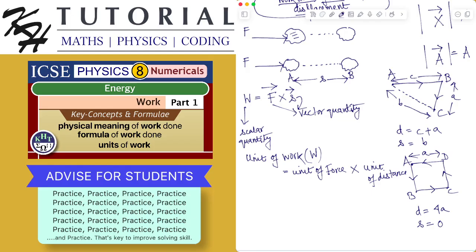Now, if I want to know the SI unit of work, it will be Newton multiplied by meter, because the unit of force in SI is Newton, and distance or displacement is nothing but a length, whose unit is meter in SI.